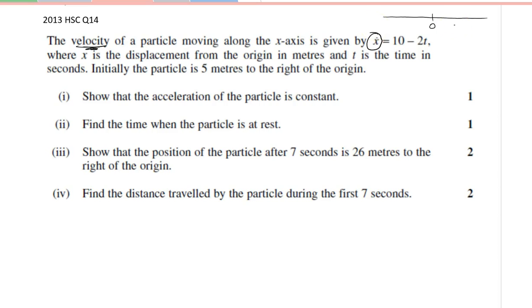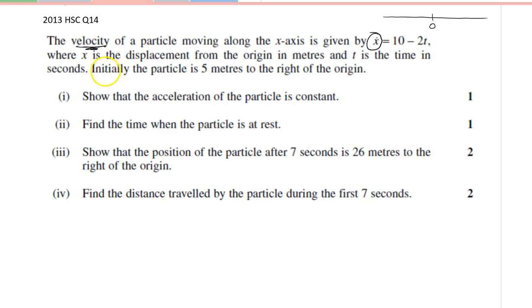So our particle is moving along the x-axis, where x is the displacement. Because x dot is the notation for the derivative of x, and the rate of change of displacement with respect to time is called velocity, we expect that x is displacement.